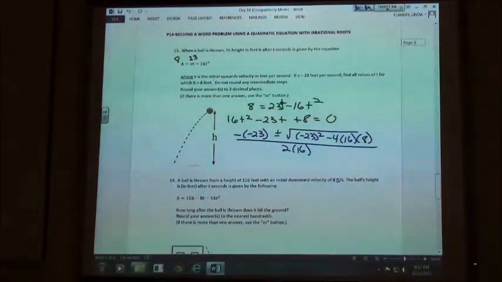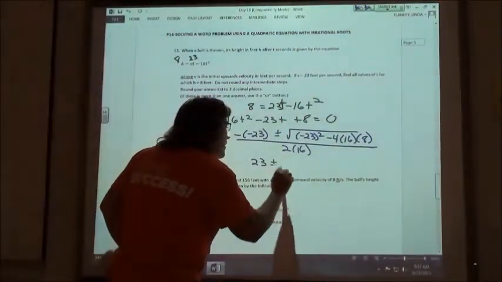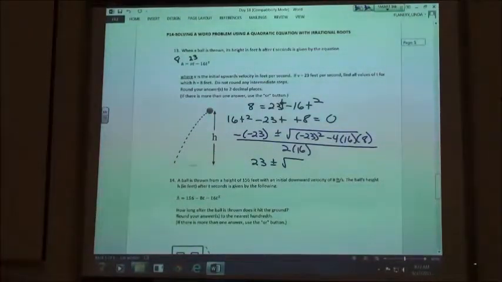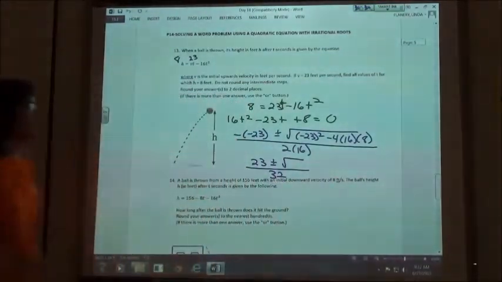So again, since I have minus a negative 23, that's going to make that positive 23, plus or minus the square root of, and just figure out what the number under the square root is for me. You've got calculators, so just plug the whole thing in, unless you want to do it in 2 steps. I know the bottom's 32.